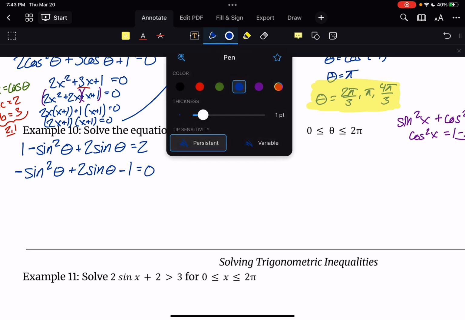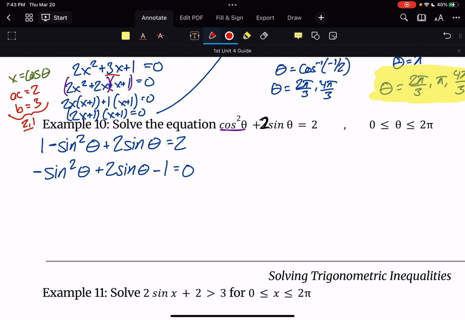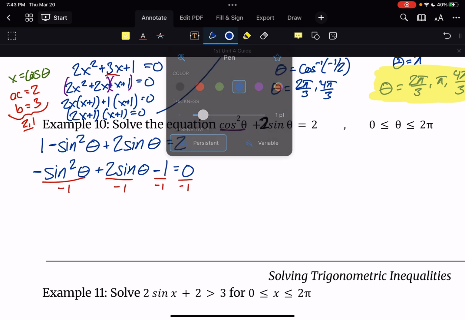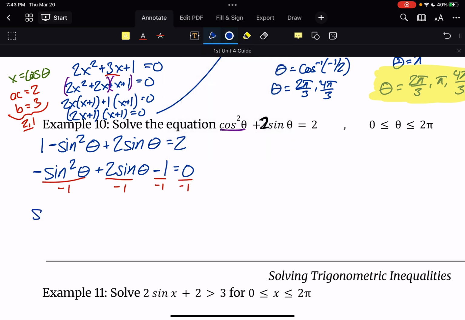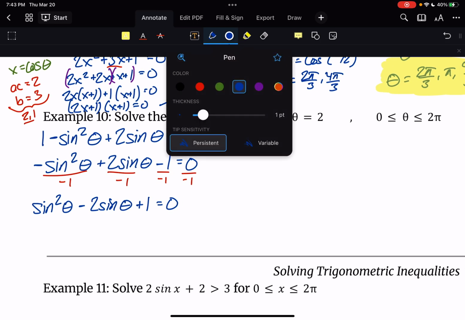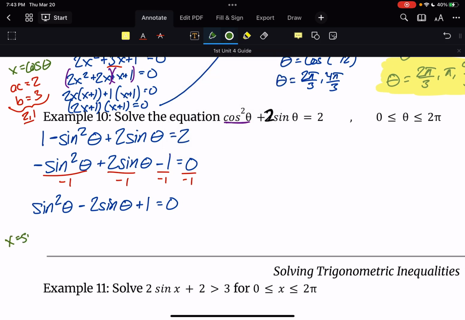And factoring this with a negative out front is not going to be the easiest. So I'm going to divide everything by negative 1. And remember, dividing by a negative just changes your signs. So I get positive sine squared theta minus 2 sine theta plus 1 is equal to 0. And now we can go ahead and let x be equal to sine theta.